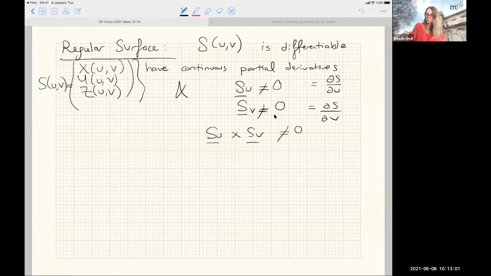Should not be zero because this is my normal, right? So I want my tangent vectors and normal vector to be defined. So that is a regular surface S.